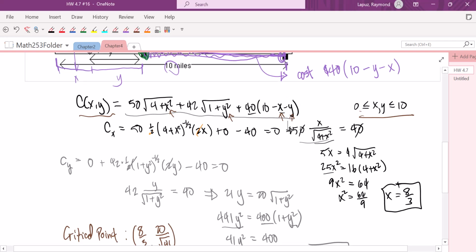And what I'm going to do is I'm just going to do this off to the side and have a computer do it for me.